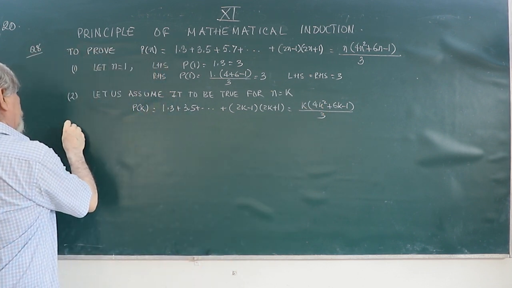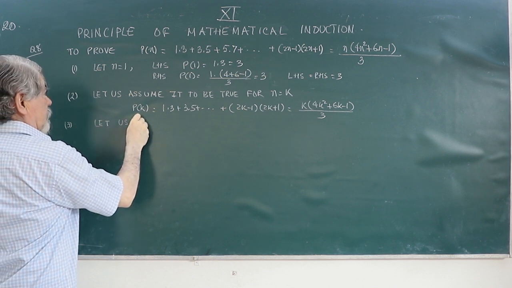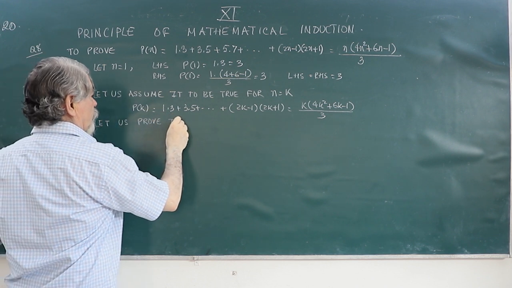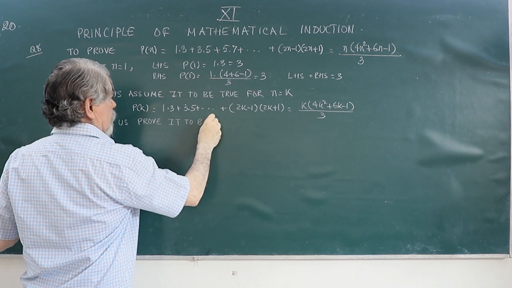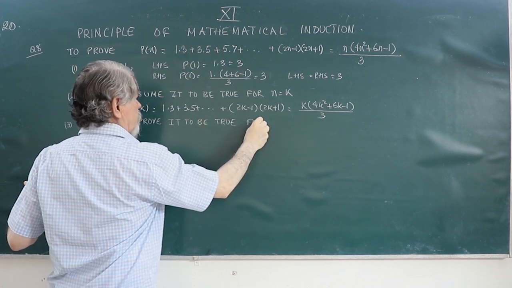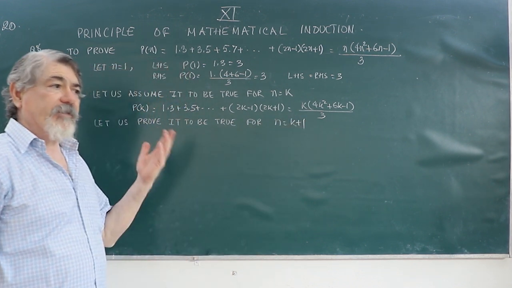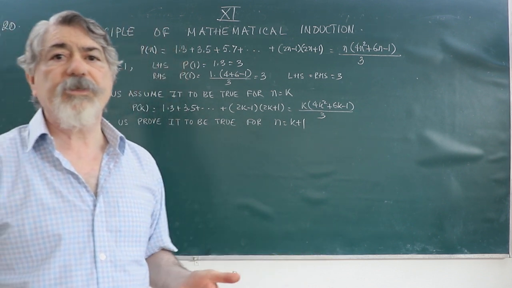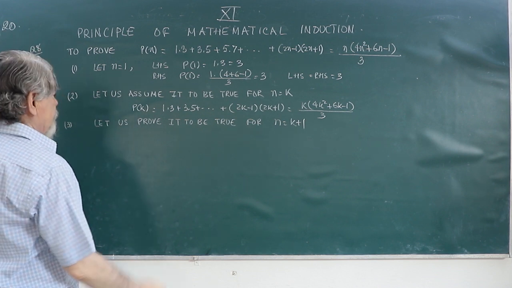Then let us prove it to be true for n is equal to k plus 1. We have assumed it is true for n is equal to k. Now I am going to prove it for n is equal to k plus 1. Let us see what happens.